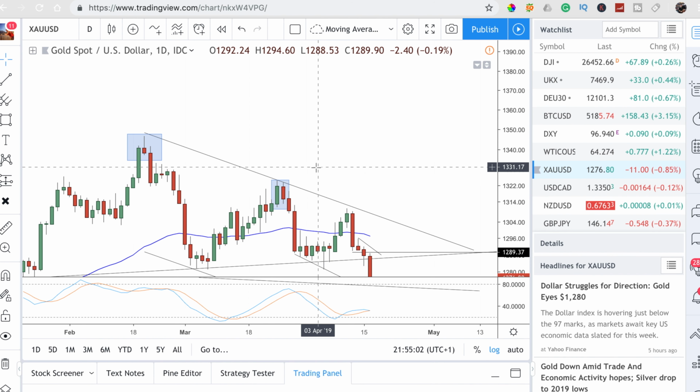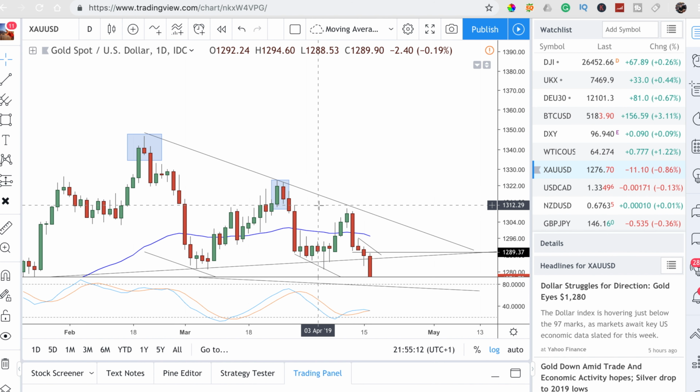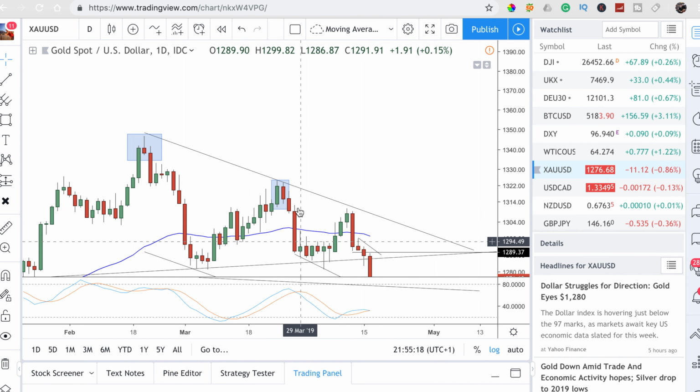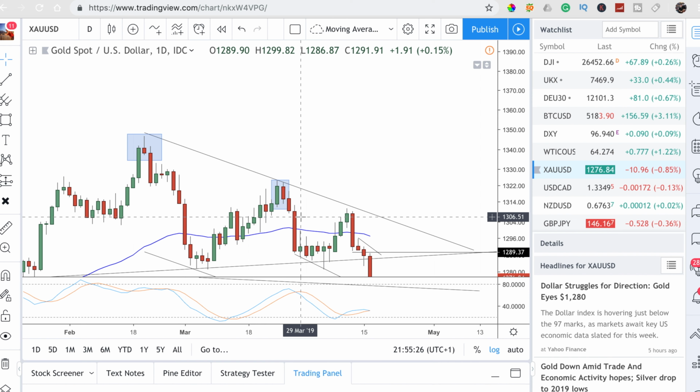I'll call this an inside bar. So basically, we've got an inside candle that's pretty much enclosed within the previous candle. Again, it's at a critical area, a resistance level, and again signifies a turning point in the markets.